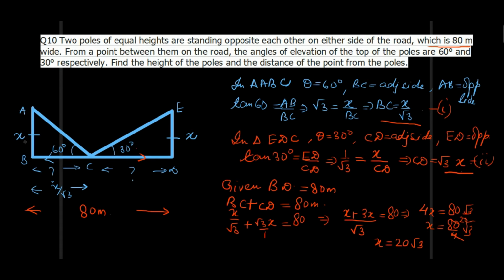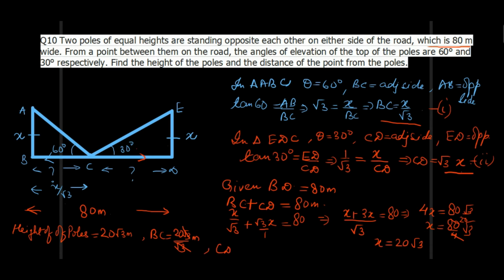That means now we know the height of the poles. So height of poles is equal to 20 root 3 meter, and the distance BC is equal to how much? Distance BC is x by root 3. So 20 root 3 upon root 3, so it will be 20 meter, because it is x by root 3.